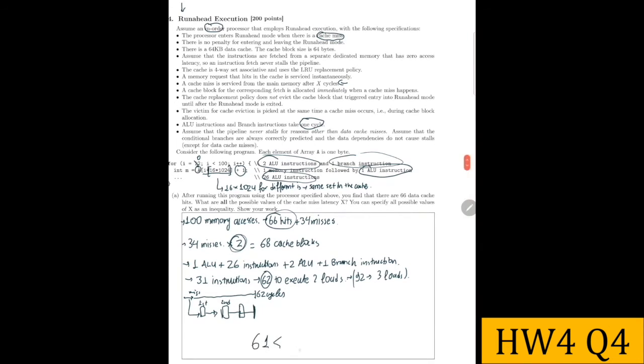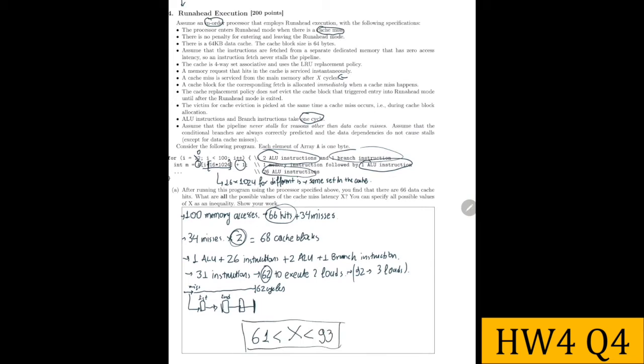Then it will prefetch 3 blocks. If it prefetches 3 blocks, then the number of hits will be a different number. So the number for the total latency will be between 61 and 93.